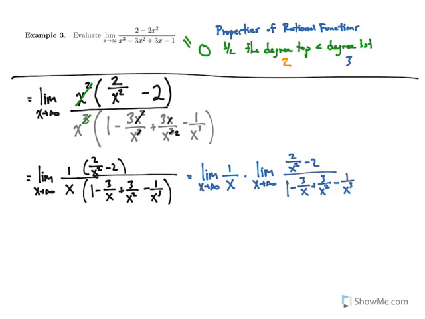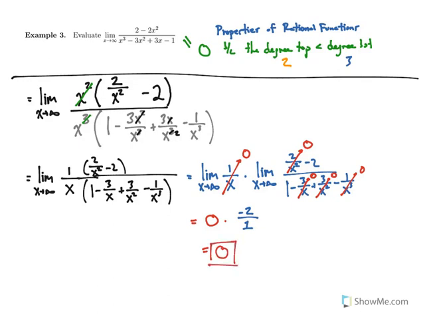When x goes to infinity, 1 over x is going to go to 0, 2 over x squared is going to go to 0, 3 over x is going to go to 0, 3 over x squared is going to go to 0, and 1 over x cubed is going to go to 0. And we can rewrite this whole thing as 0 times what we're left with here, negative 2 over 1. And that's just 0 times a finite number, which is 0.